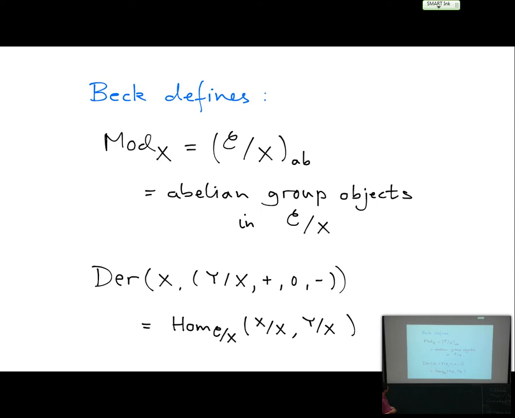And Beck also defines derivations. So a derivation from X to an X-module Y. Now remember, an X-module is an object over X together with a plus, a 0, and a minus in this category of objects over X. The set of derivations is defined to be just the set of maps in the category over X from the identity X over X to Y over X. So here we didn't use the abelian group structure to define this set, but they give that set an abelian group structure.